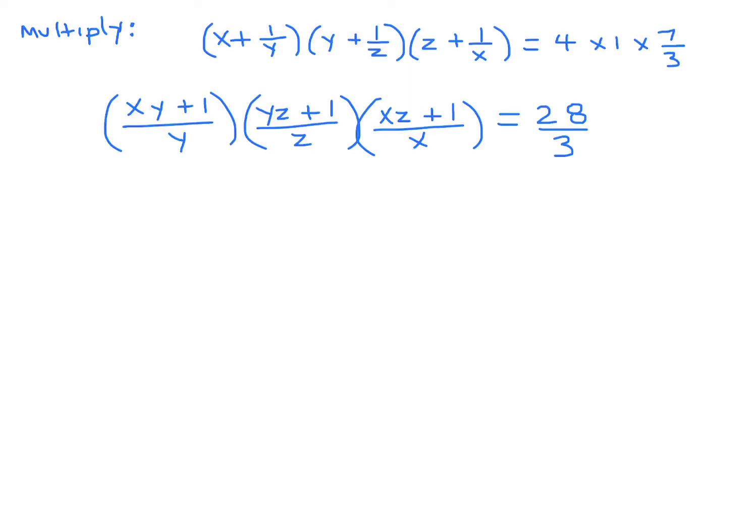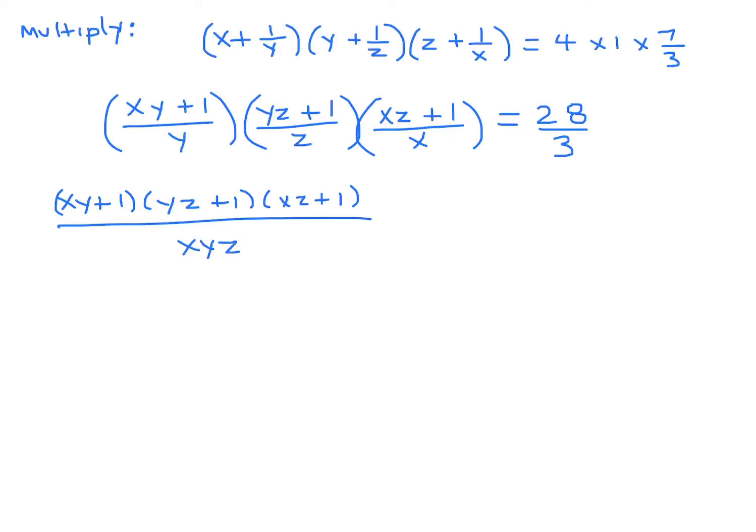All right, great. So now we can start multiplying. We've got xy plus 1 on the top, yz plus 1, xz plus 1, and the bottom becomes xyz. And remember, this is what they want us to find the value of, so it's nice that at least we're getting into that territory.